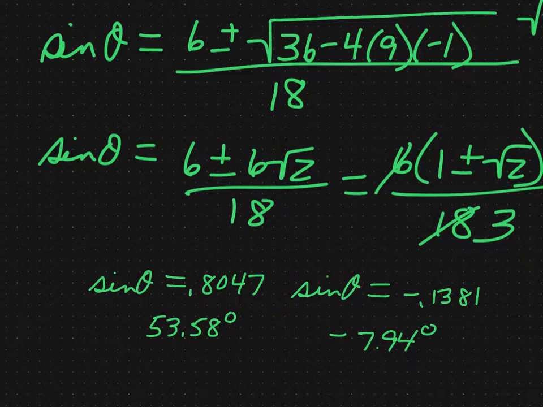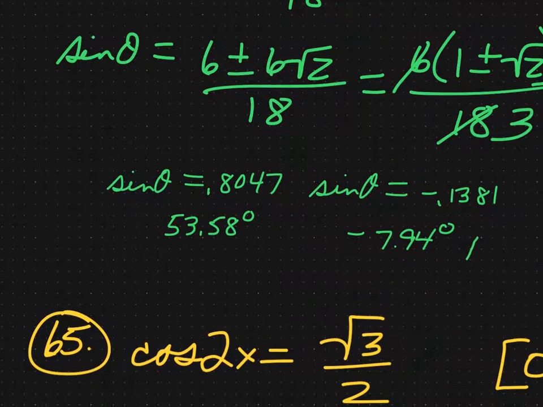And now we're going to have to do some thinking, because we're supposed to solve this on the interval from 0 to 360. So let's think about the 53.58 first of all. Think about that in terms of the unit circle. It would be over here in the first quadrant somewhere. Do you see that over here in the second quadrant, I would have an angle that had the same y value as 53.58 degrees?